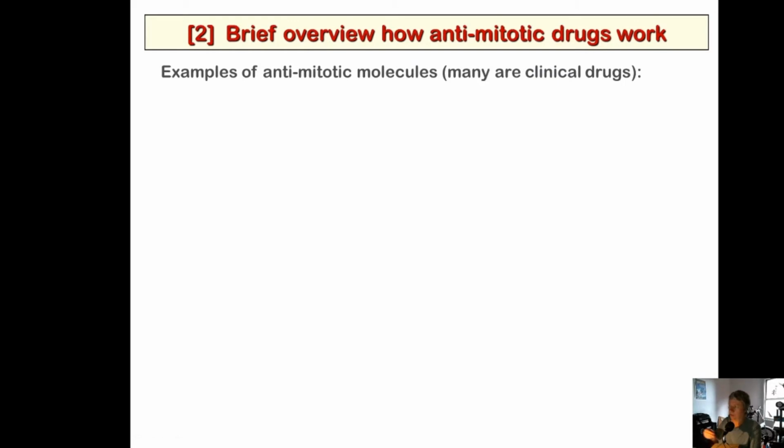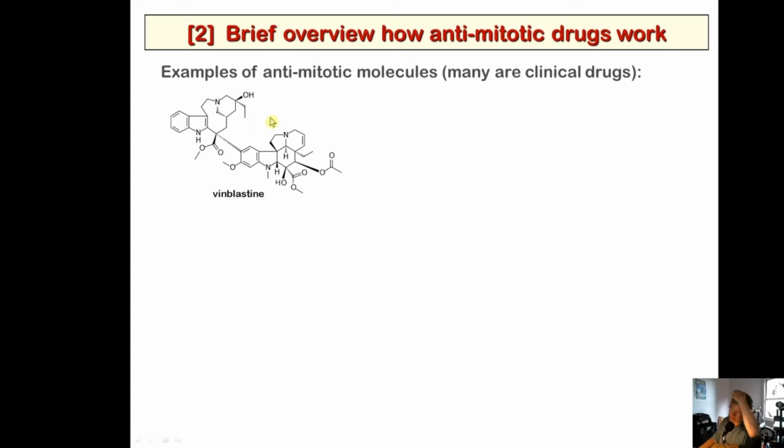Okay, so some examples of antimitotic drugs. Some of these are clinical anti-cancer drugs. They all pretty much have really cool structures. As an organic chemist, I've always been fascinated by really cool organic structures with a lot of dense functional groups and chirality and complicated architecture.